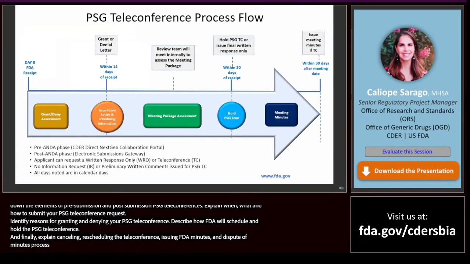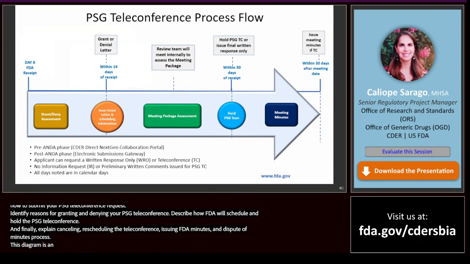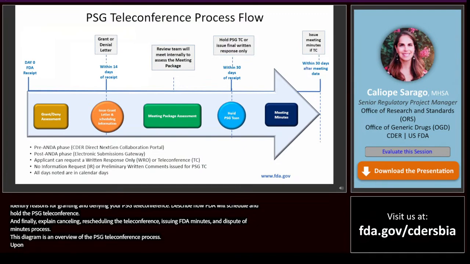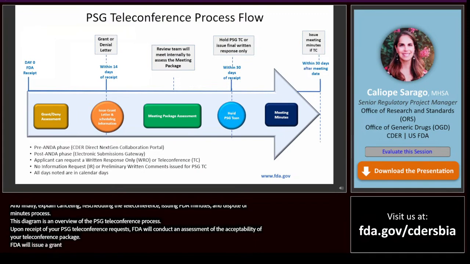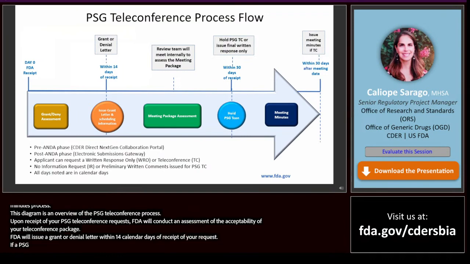This diagram is an overview of the PSG teleconference process. Upon receipt of your PSG teleconference request, FDA will conduct an assessment of the acceptability of your teleconference package. FDA will issue a grant or denial letter within 14 calendar days of receipt of your request. If a PSG teleconference request is denied, written notification will include an explanation of the reasons for your denial.